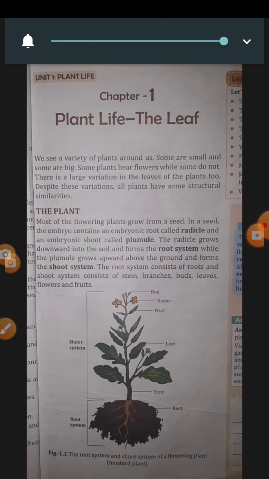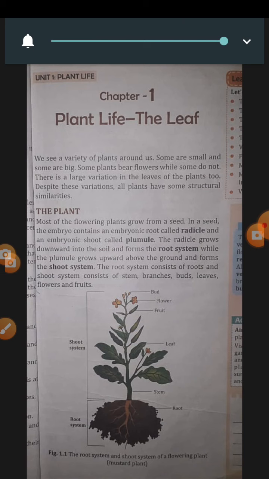Now we will start chapter number 1, Plant Life, the leaf. As we all know that plants bear fruits, leaves, stems, etc. Some plants are having fruits but some do not. Likewise, plants have different types of leaves, but all plants' leaves are having structural similarities.